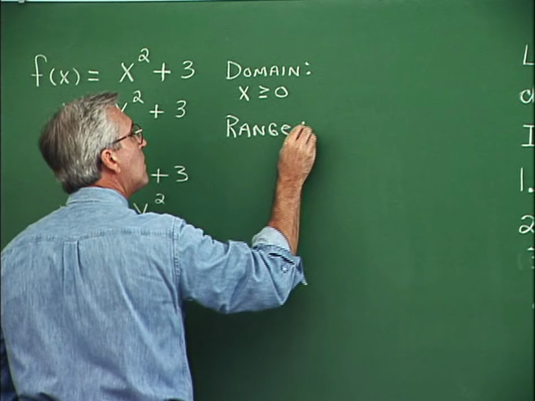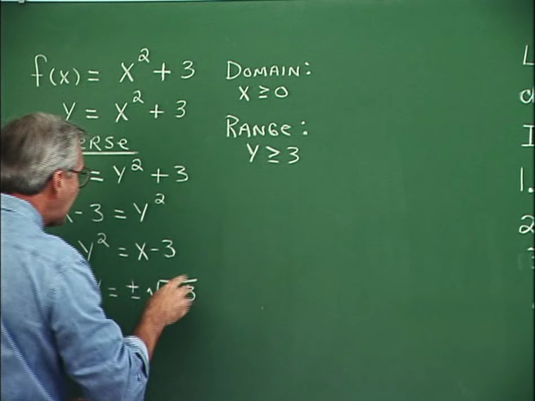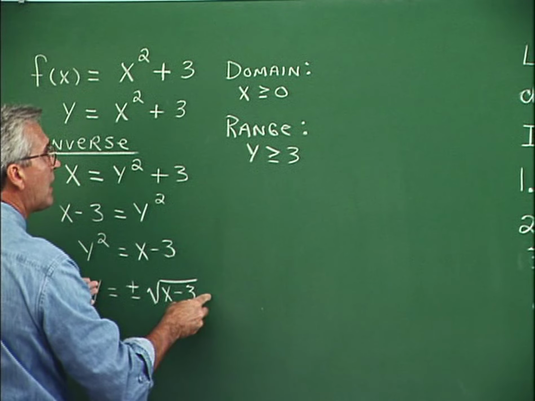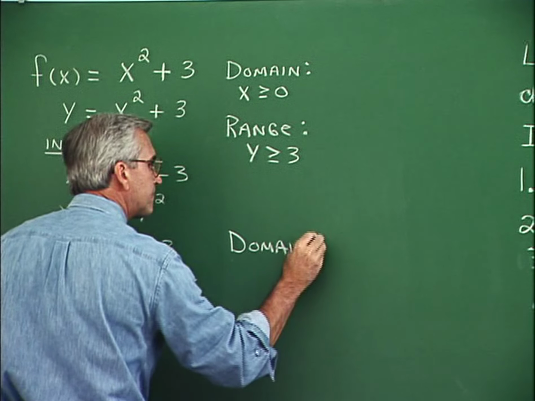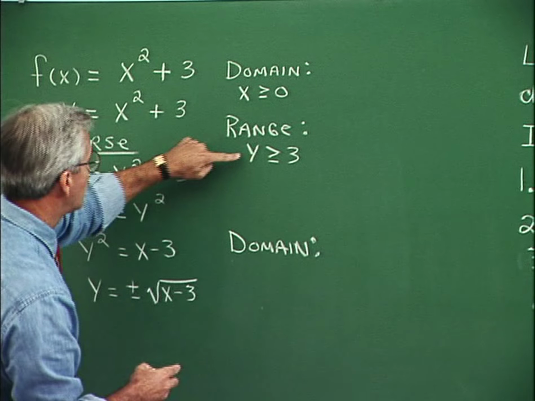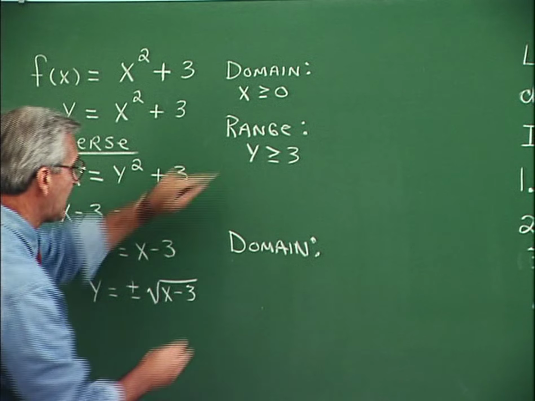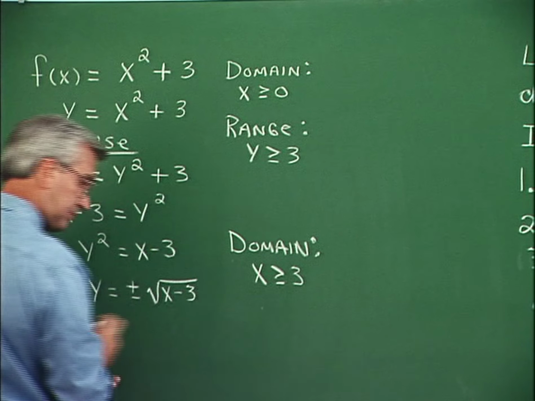Algebraically. Now, that translates down here to a situation where the domain is the same as the range here. You see, so the domain here is going to be x greater than or equal to 3.